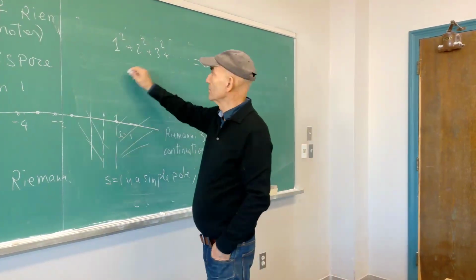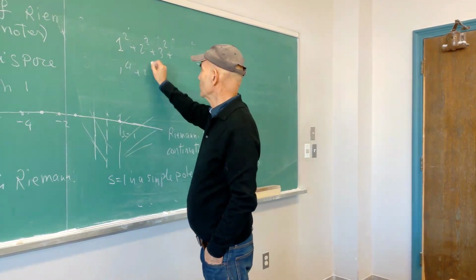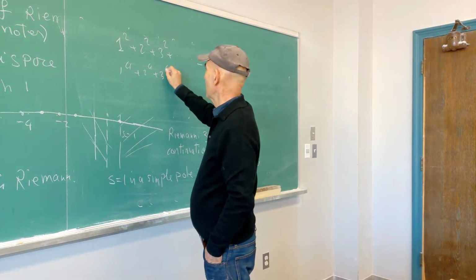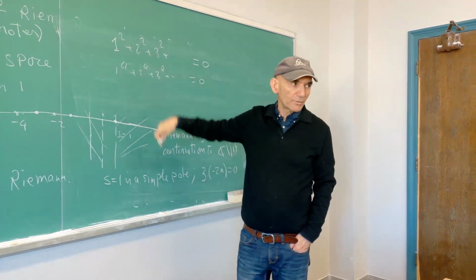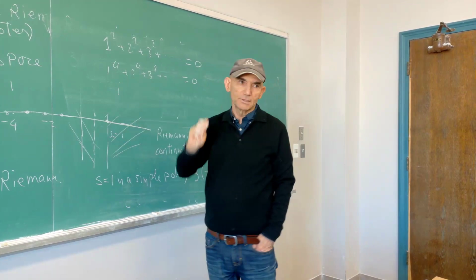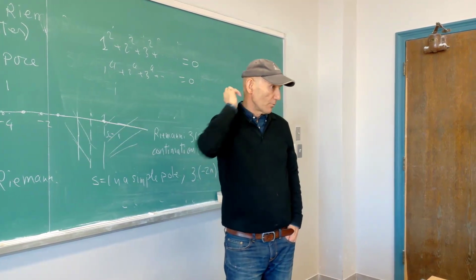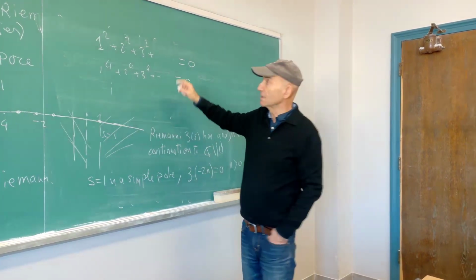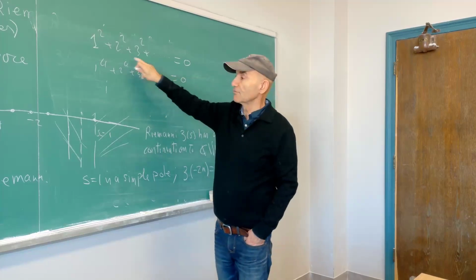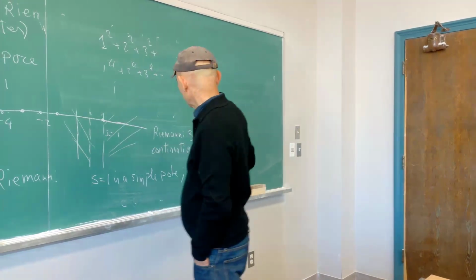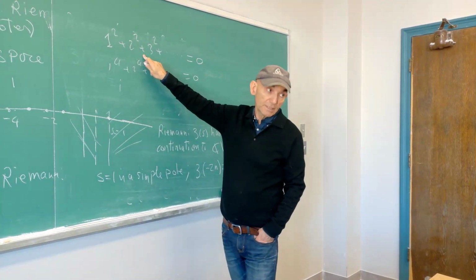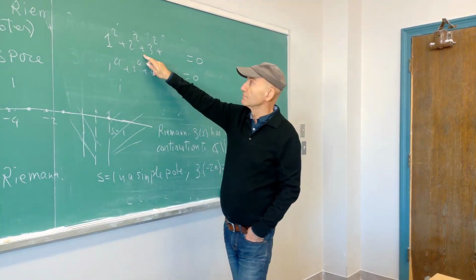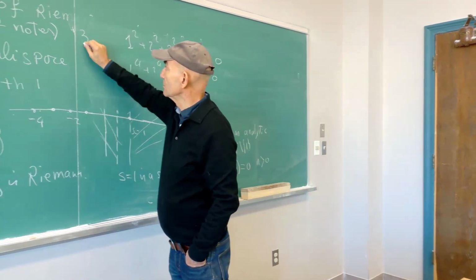And also they write 1 to the power 4 plus 2 to the power 4 plus 3 to the power 4, which is 0. And all even powers of integers added give 0. What they mean by this is exactly the fact that, formally, if you use the original definition of zeta, this is nothing but zeta at -2.